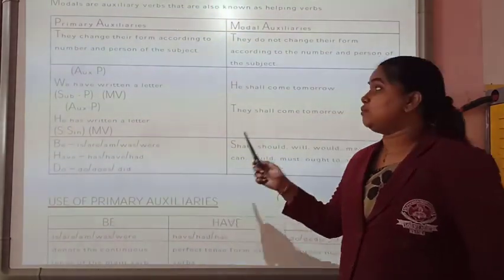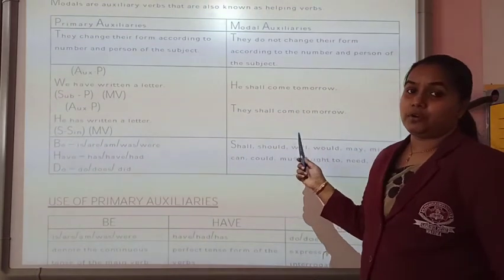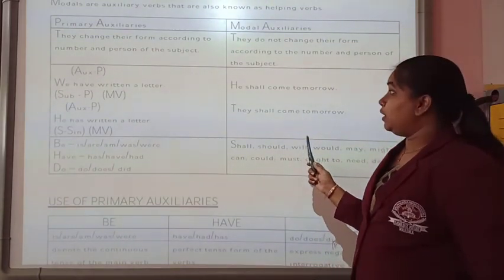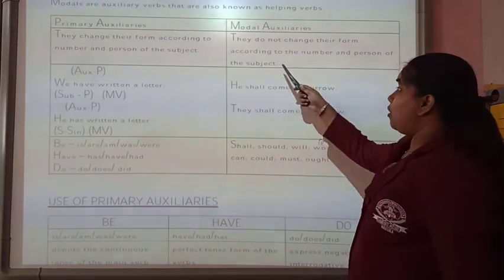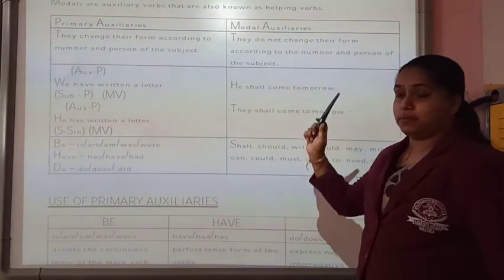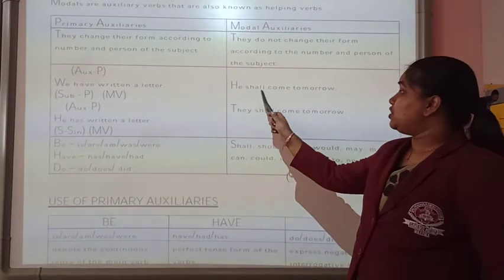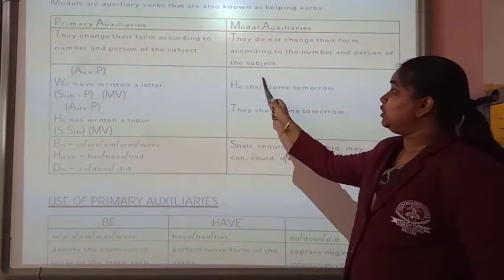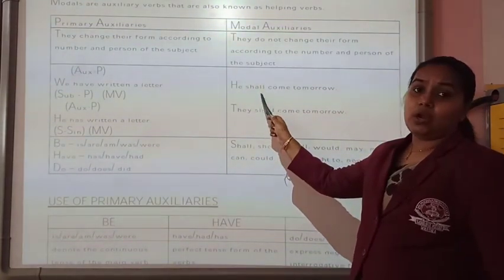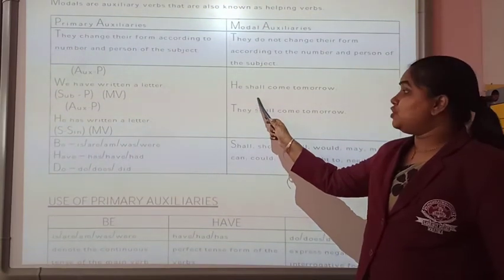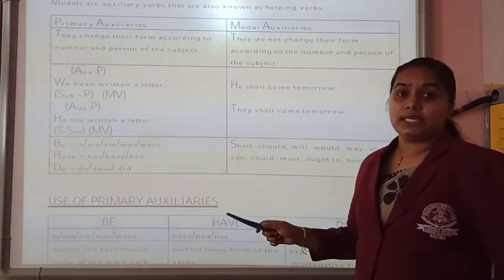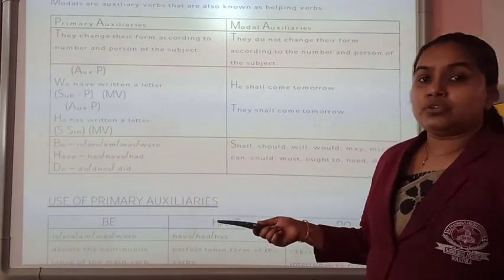Now, let us come to the modal auxiliary verbs, which are our topic for today. They do not change their form according to the number and the person. So they are not changing. Suppose here: he shall come tomorrow. Here, shall is your modal auxiliary verb, showing the possibility that he shall come tomorrow.